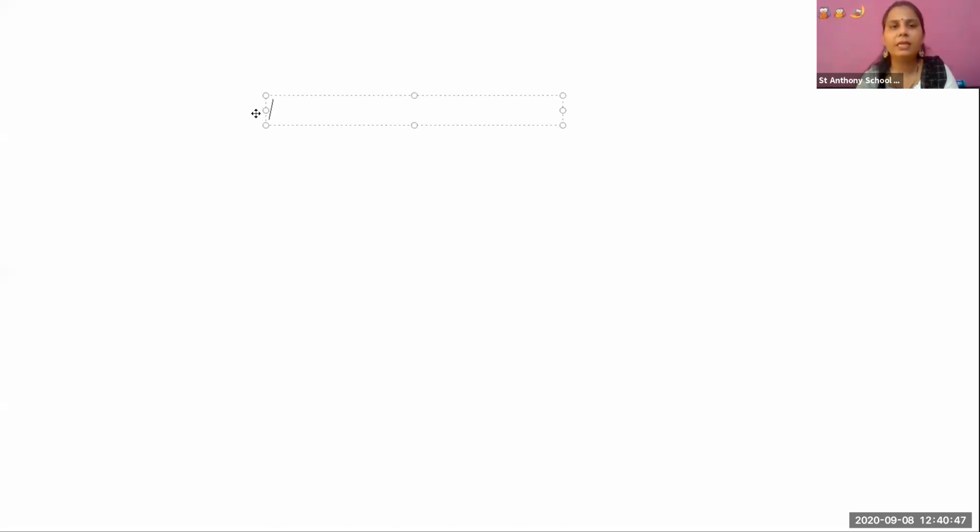Another angle is X plus 40. And it is clearly mentioned that both angles are complementary to each other.